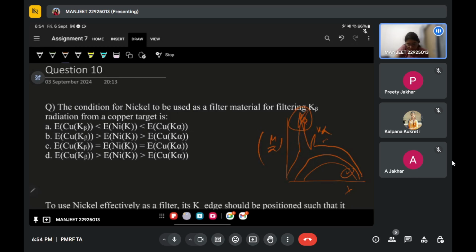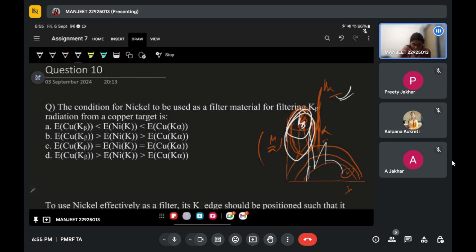But first, I need the condition for nickel to be used for filtering the K beta. Now we have to remove this wavelength. We want only this K alpha one, which has the higher intensity. We don't want this K beta one, so we have to remove it.